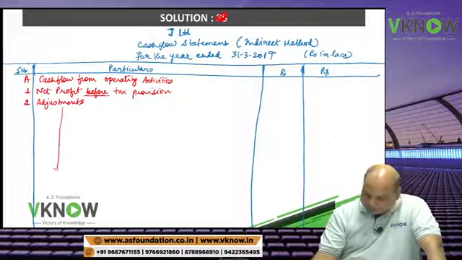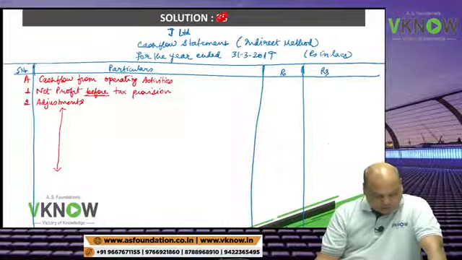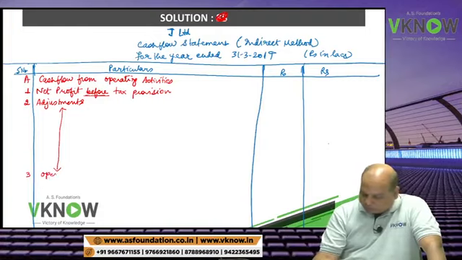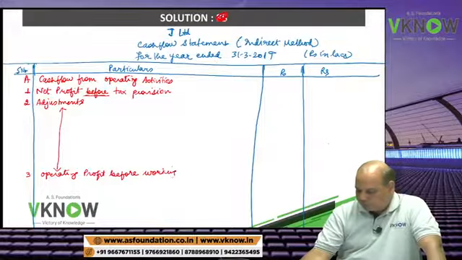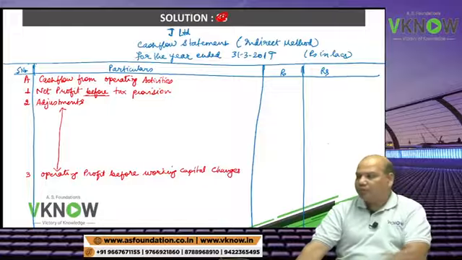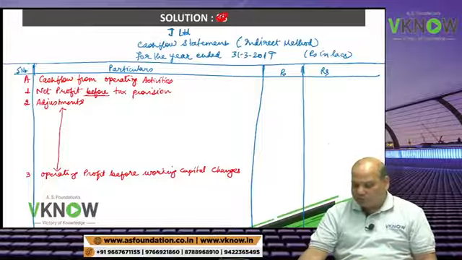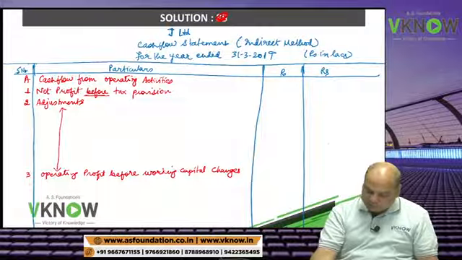Keep about 8 to 10 lines blank. Then point number 3, write down operating profit before working capital changes.